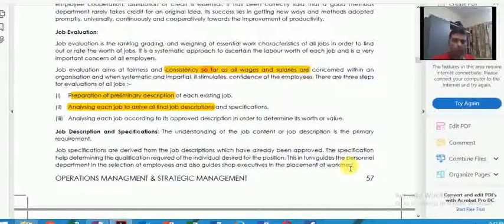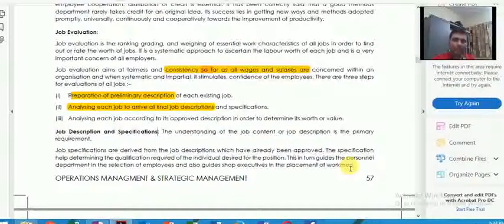Some people have more responsibility. Some people have less responsibility. Now, many times it happens in the organization that the description of the work is clear, but the amount of salary given for doing the work is not clear. The wage structure is not clear.